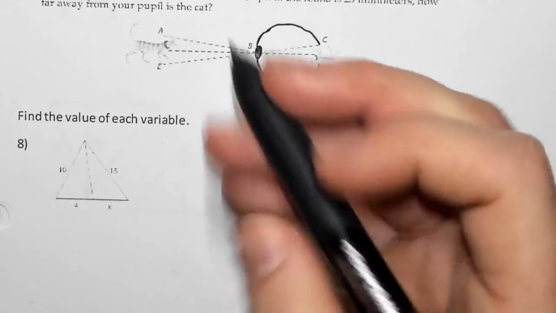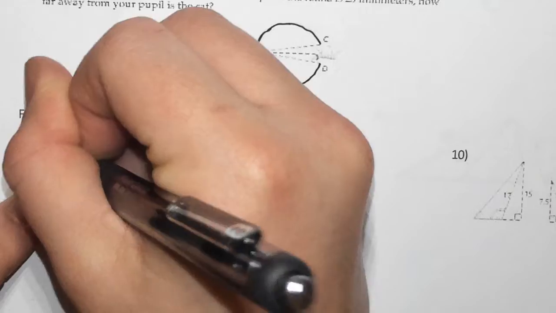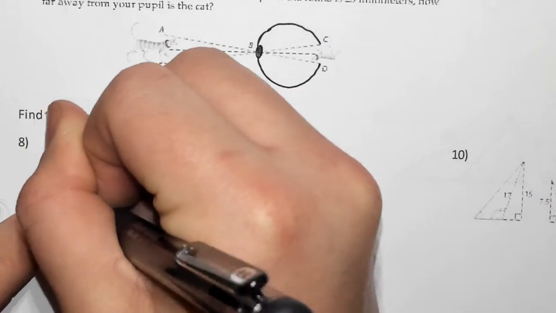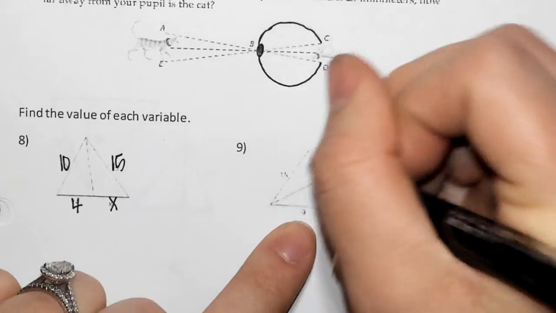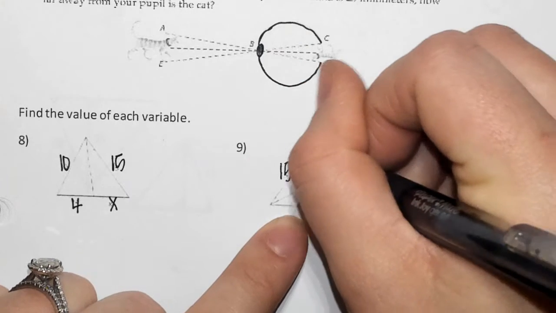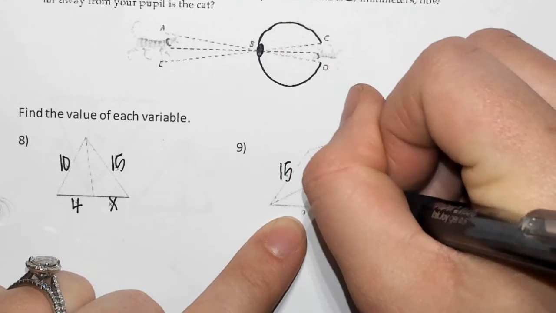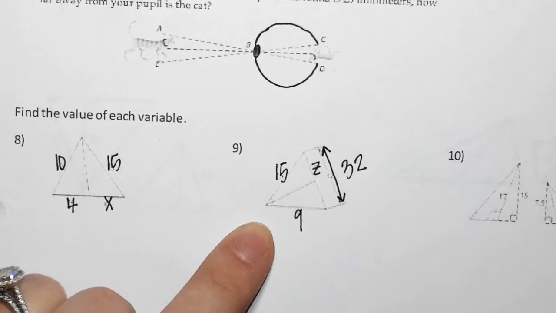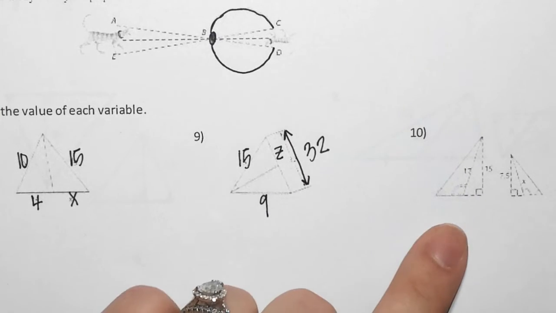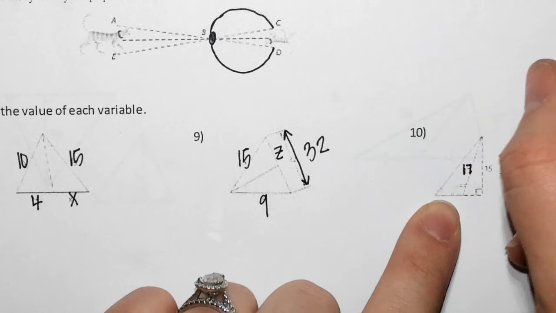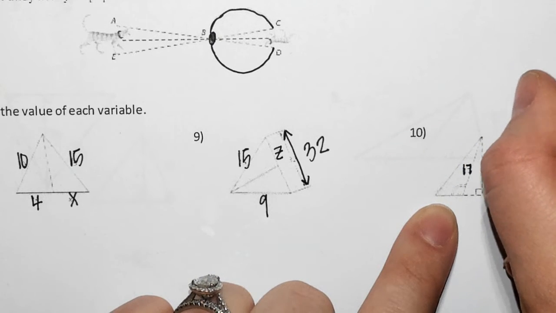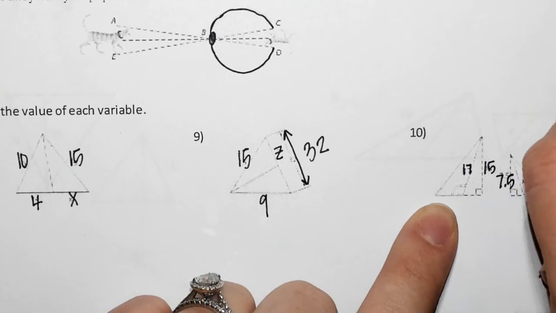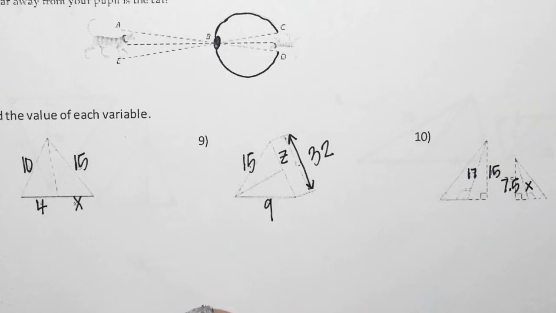And then number 8, this is 10, 15, 4, X, 15, Z. This whole thing is 32. And then this is 9. And then this is 17, 15, 7.5, and X. So I want you to take this time and go all the way 5 through 10.